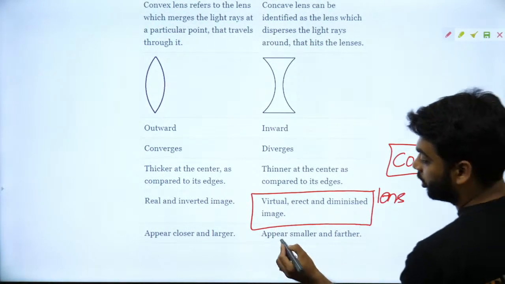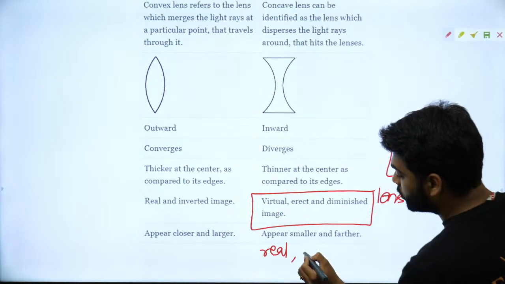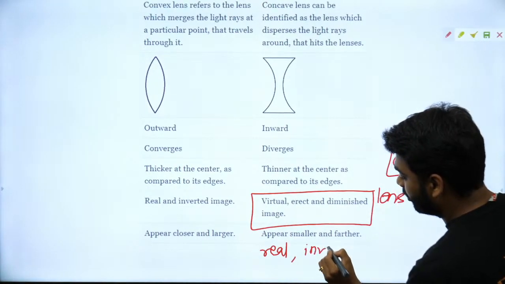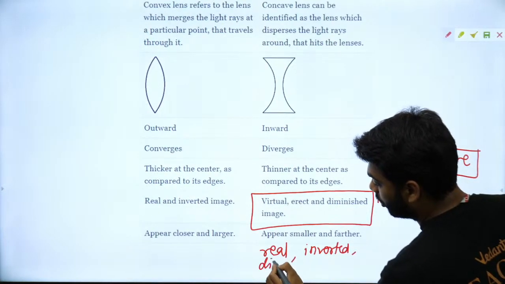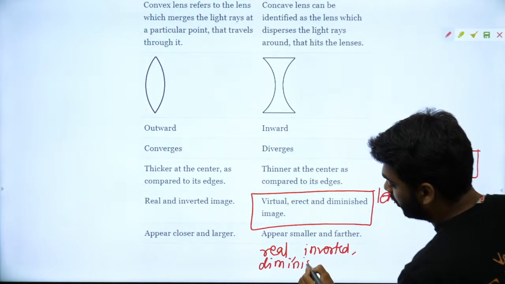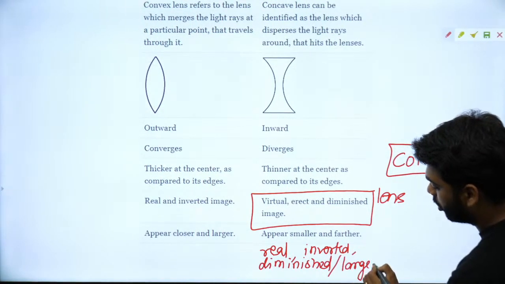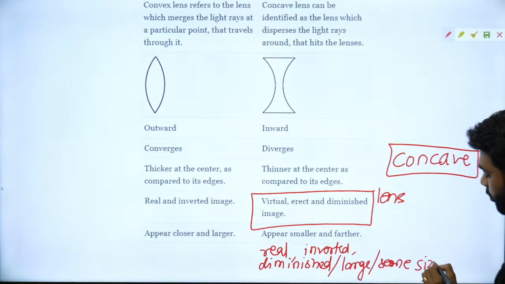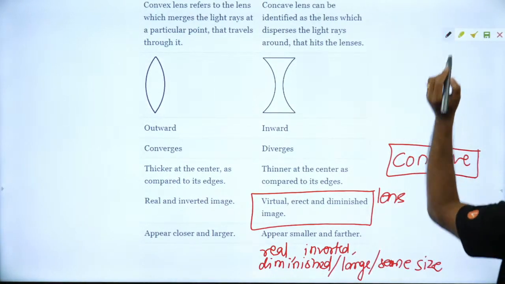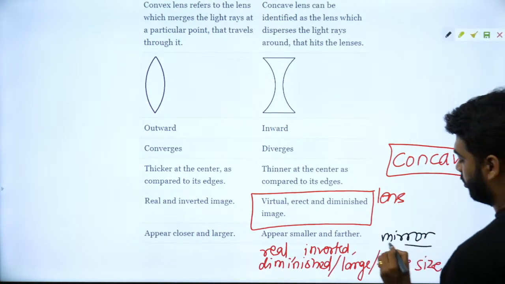What about mirror? Opposite to virtual is real, opposite to erect is inverted, and you know the image can be diminished or large or same size. This is for mirror.